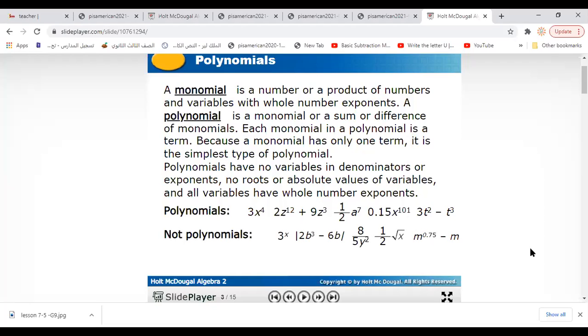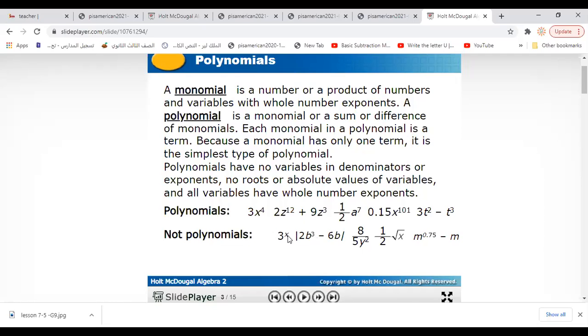All the examples in front of you now are not polynomials. For the first one, 3 to the power of x, we have a variable exponent, and an absolute value. In the second, we have a variable in the denominator, so it's not a polynomial.